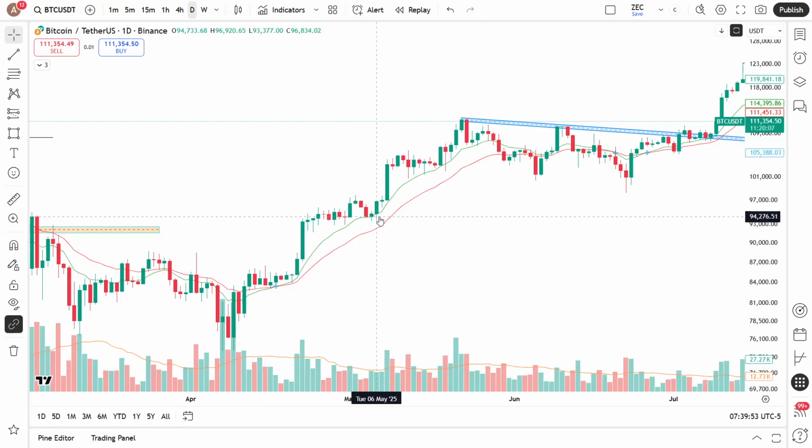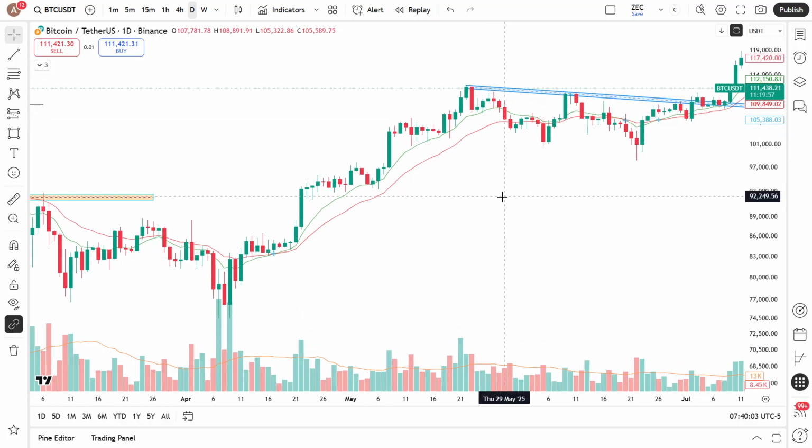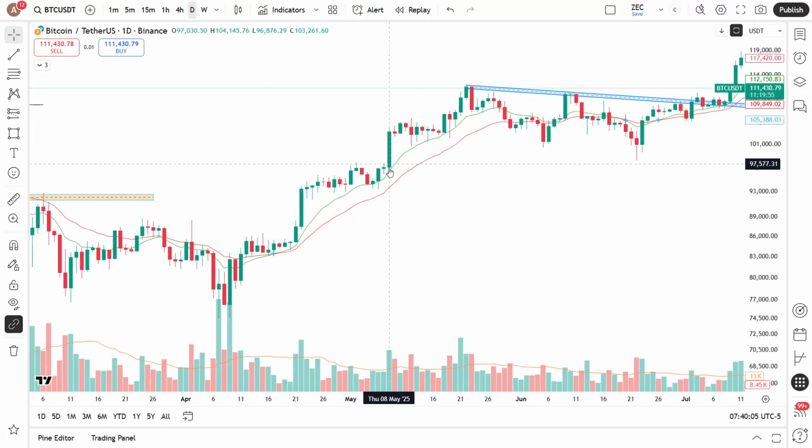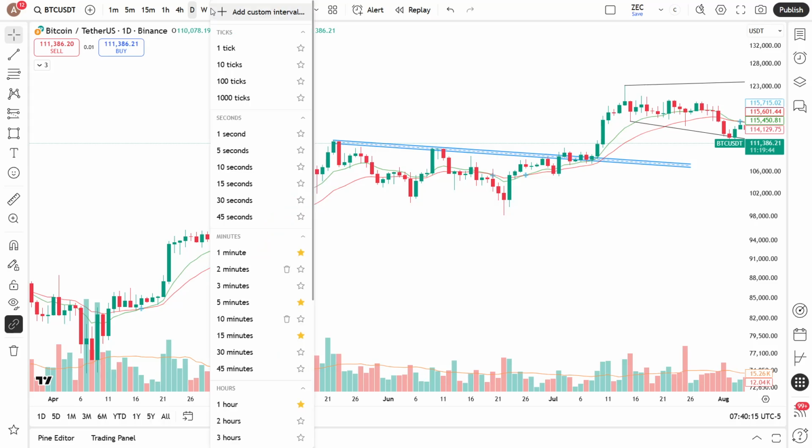So at any point over here, it could have touched the EMA, got rejected, and then come back down, but it did not. And that gave huge confirmation of this trend continuing up. And as you can see, the trend was pretty much confirmed to be going higher every single time. We never closed below the EMAs over here. And then finally, until we started consolidating, did we close above the EMAs.